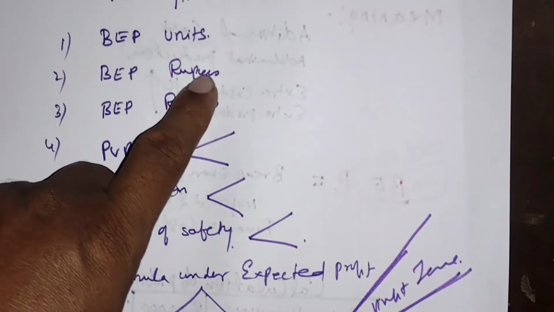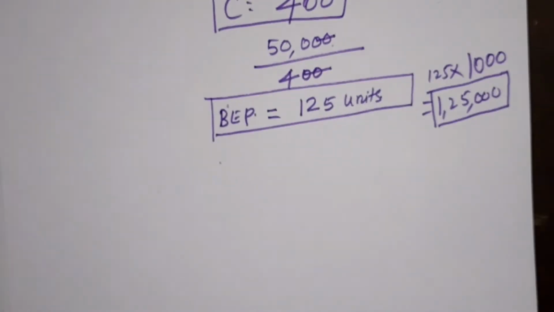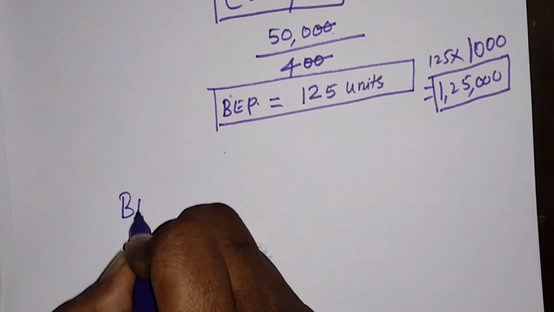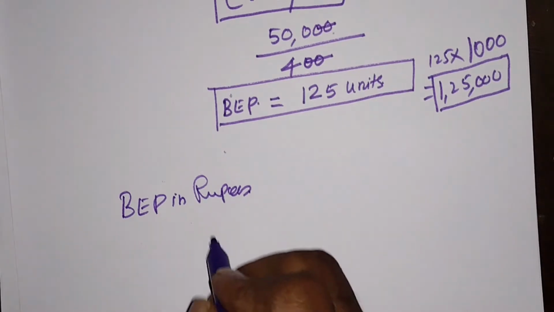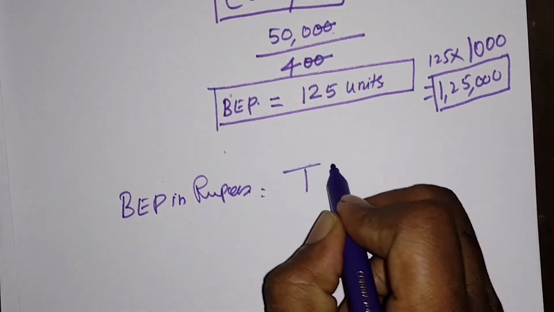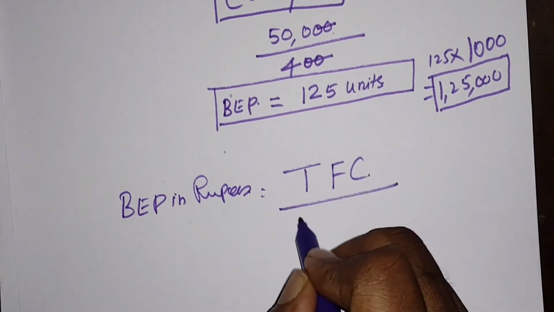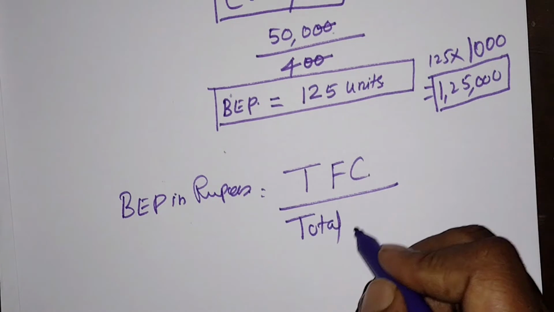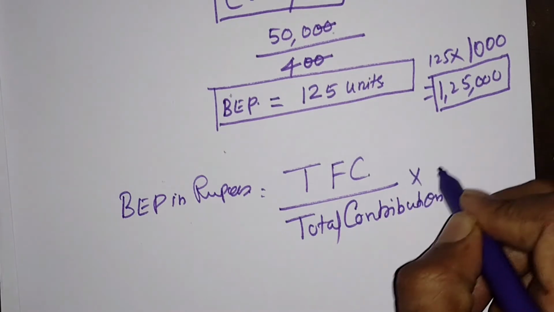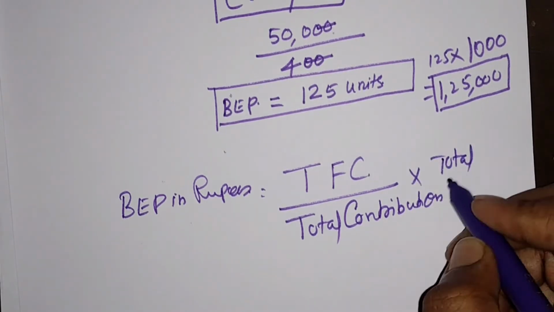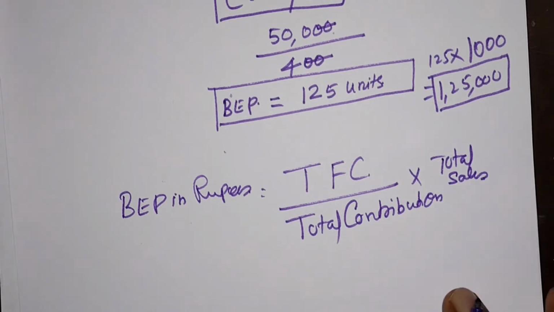The second formula which we are going to discuss here is BEP in rupees. We have two different formulas. The very first formula: BEP in rupees is equal to total fixed cost divided by total contribution into total sales.